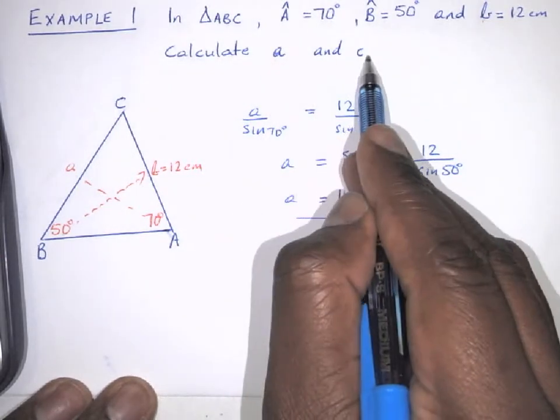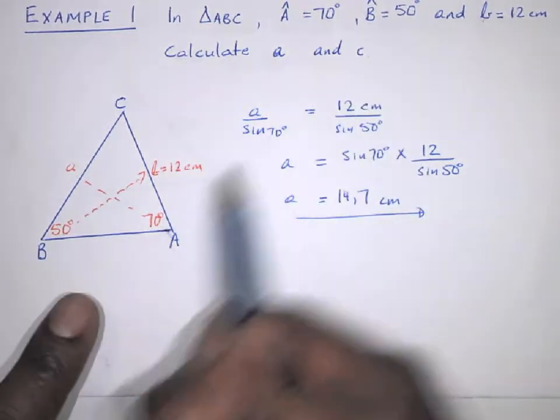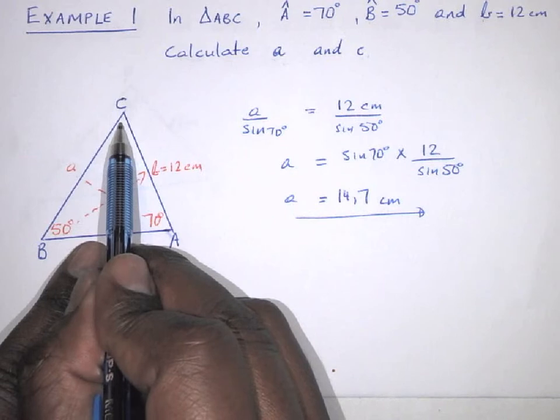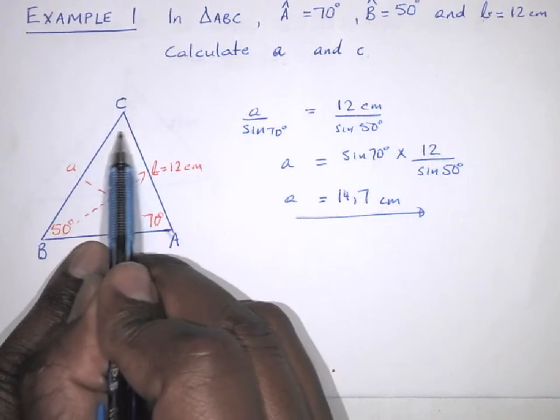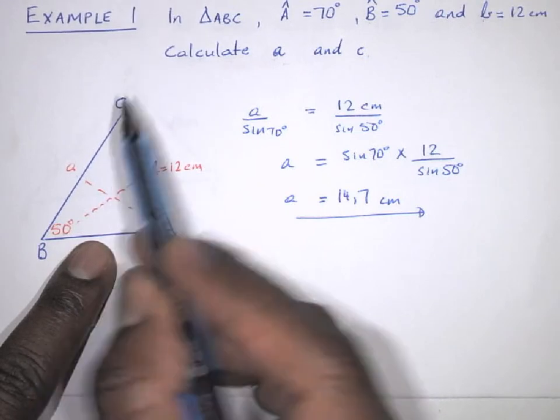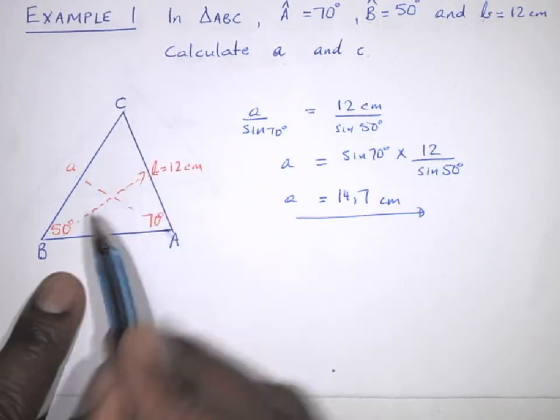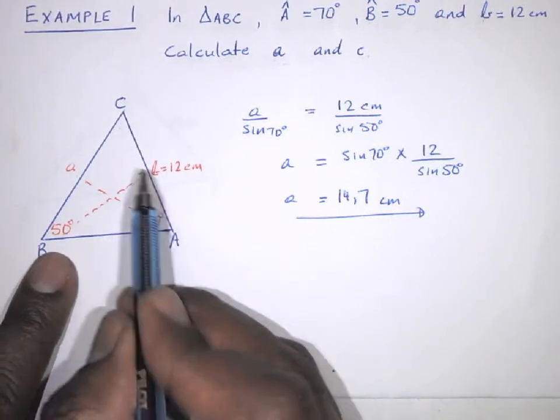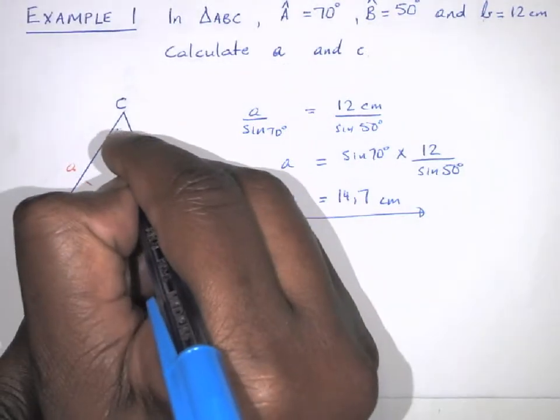Then the next one is to find c. Which side is c? c is opposite angle C over there, so I need to know that angle. Obviously from grade 8 mathematics, that angle is 180 minus the sum of these, so that angle is 60 degrees.